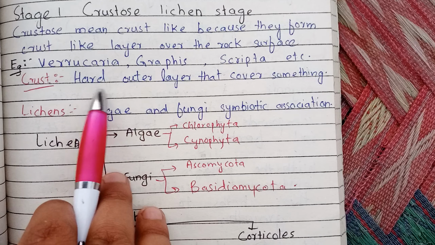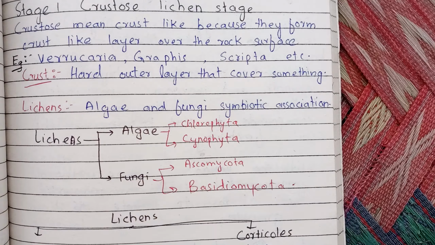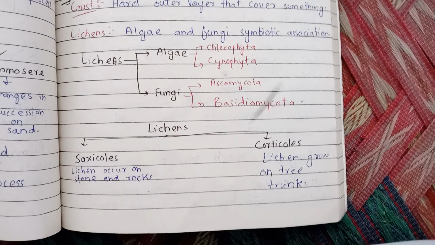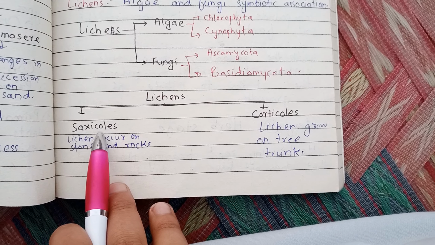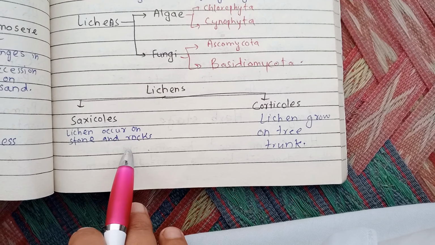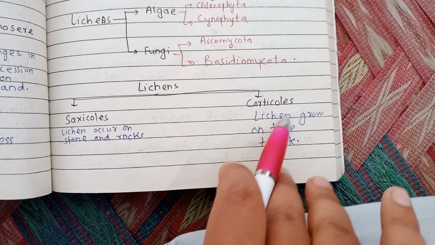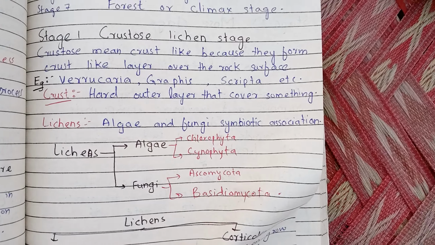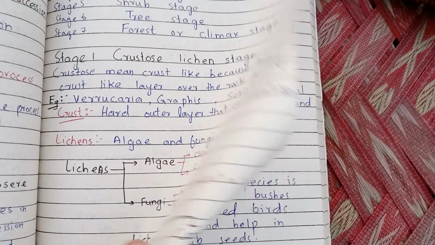Crust is a hard outer layer that covers something. Lichen is of two types: saxicoles and corticoles. Lichen occurring on stone and rocks are known as saxicoles, and lichen growing on tree trunks are known as corticoles. This was the first stage of lithosere, the crustose lichen stage.